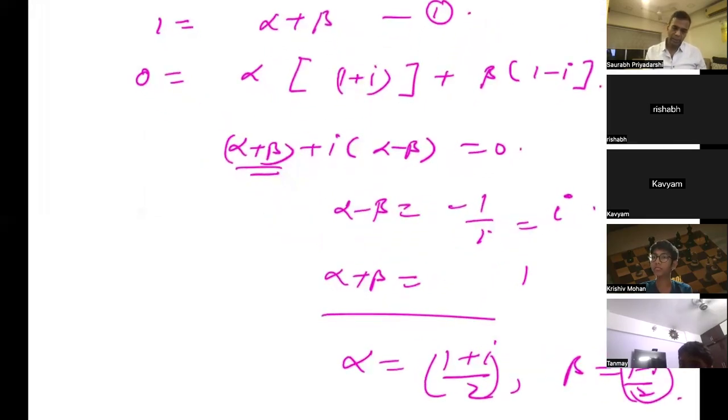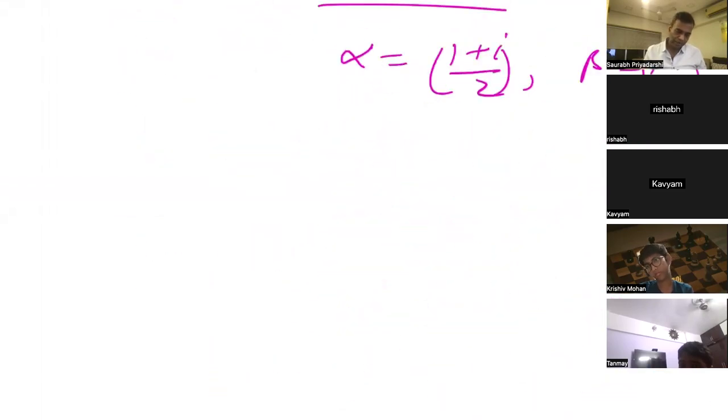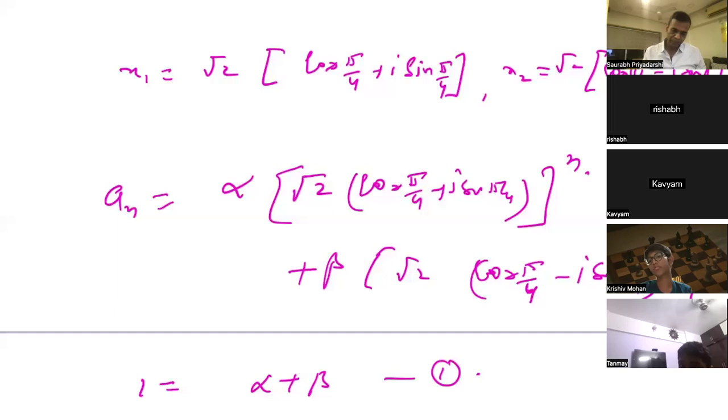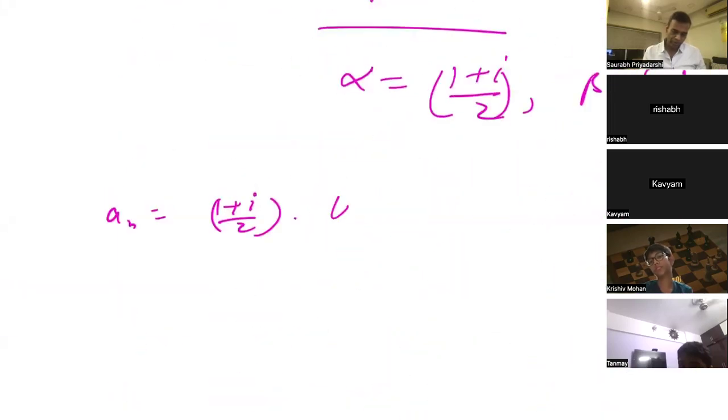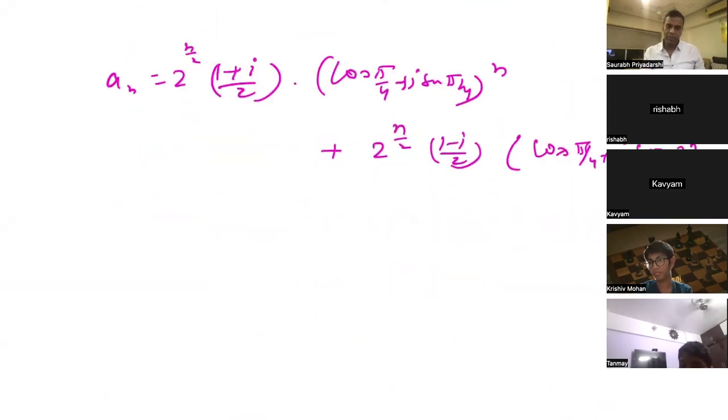Okay, done. So now what I'm writing is a_n equals (1 plus i) by 2 into (cos pi by 4 plus i sin pi by 4) to the power n, times 2 to the power n by 2, plus 2 to the power n by 2 times (1 minus i) by 2 into (cos pi by 4 plus i sin pi by 4) to the power n. Is this okay, everyone?